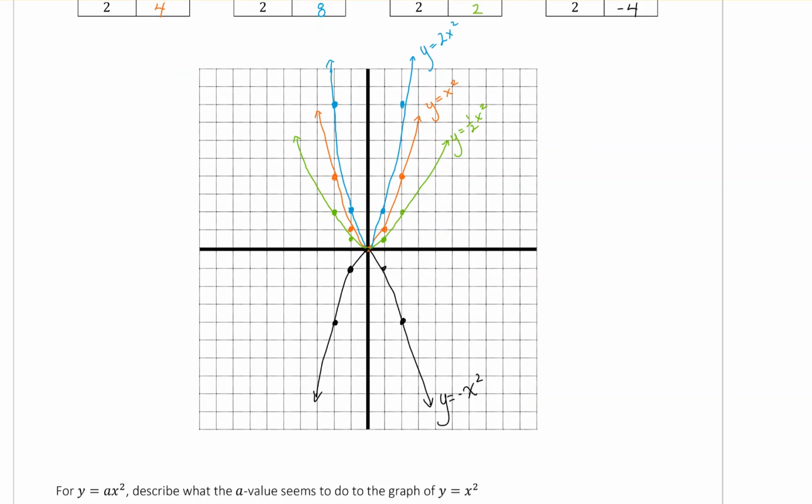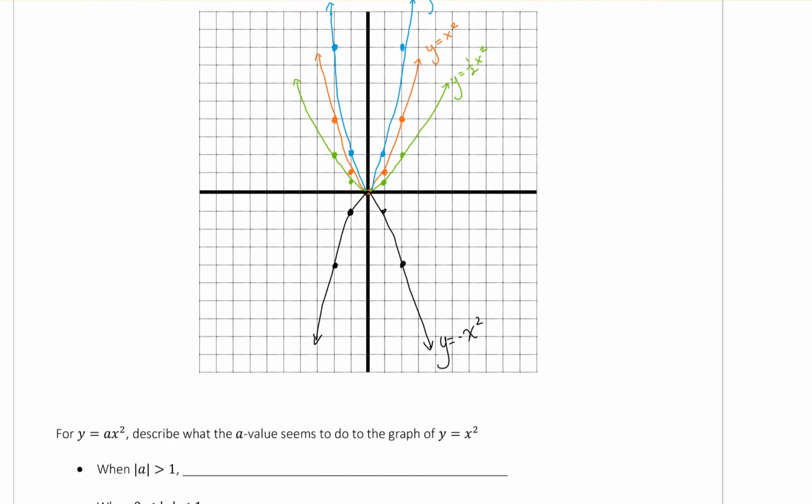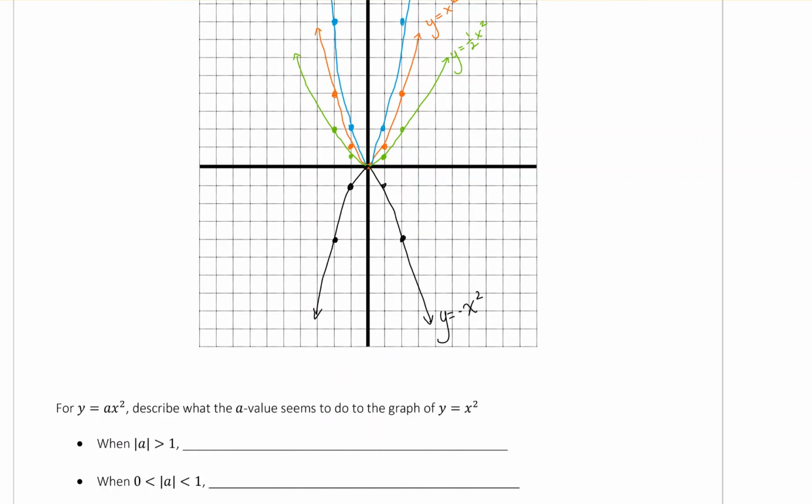So, in blue, we notice that compared to orange, it's gotten longer and narrower than what we had. Okay, so when A, this means this portion right here, when the absolute value of A is greater than 1.